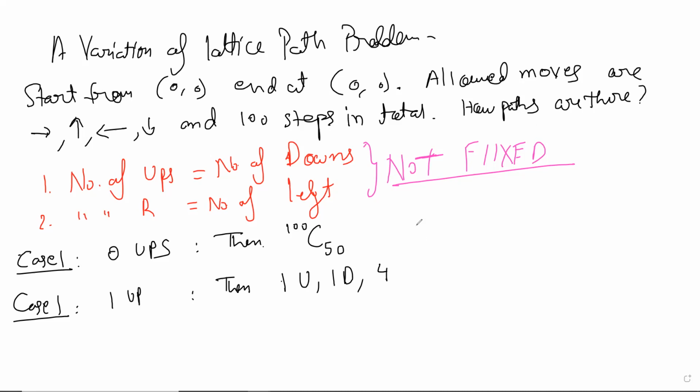So R moves. Yes, yes. So by path here, I mean the total journey, the total thing, not just the final path that is traced out. Okay. So you have 1 up and 1 down, and then you have 49 rights and 49 lefts.